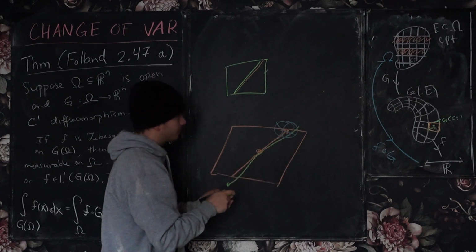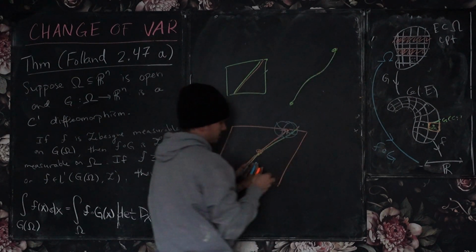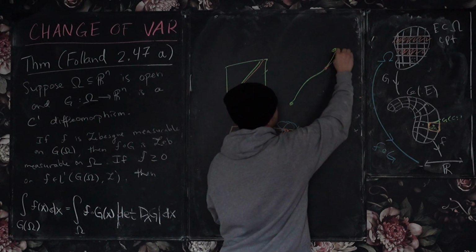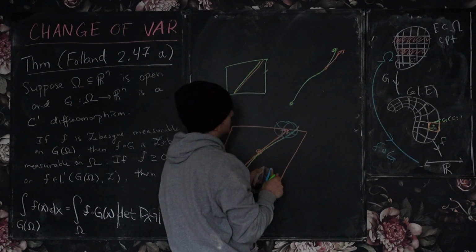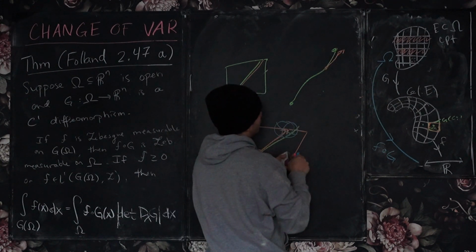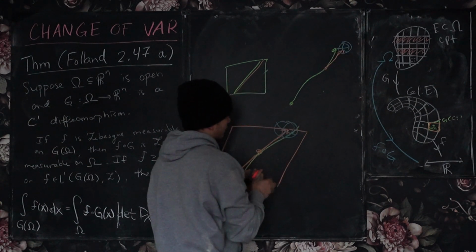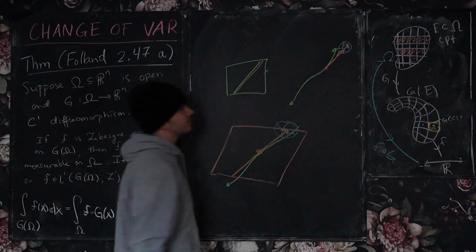So at every point of my curve I have a tangent vector, and that tangent vector is within some sphere of this original tangent vector.